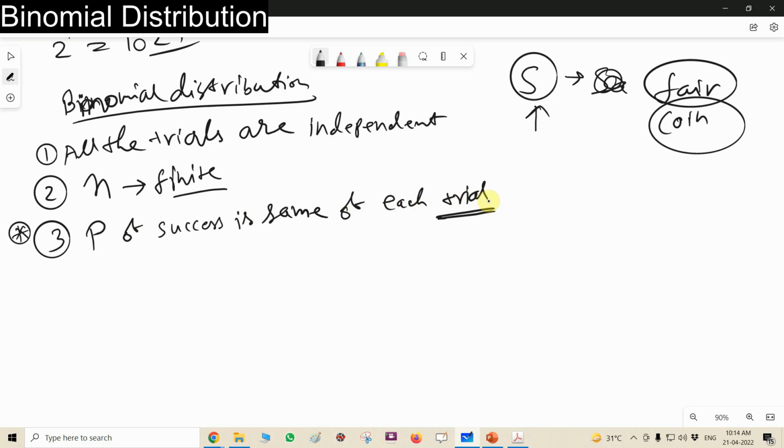What do I mean by that? Means when I am tossing a coin, what are the chances of having heads?